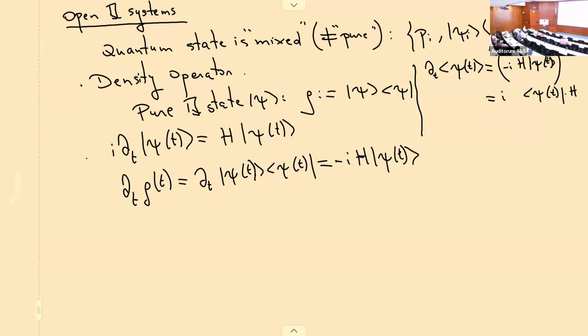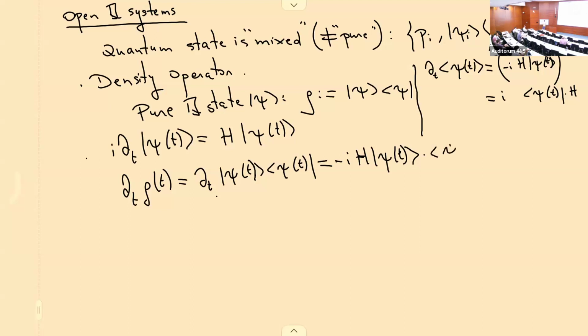So this is d/dt of the product, the derivative of f times g, which is f prime g plus g prime f, yes?